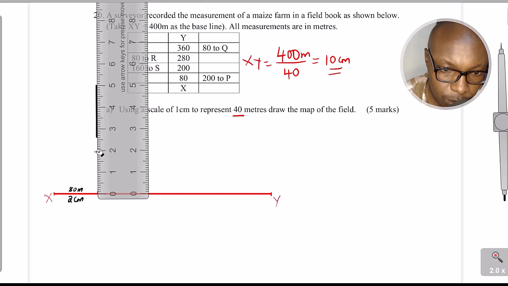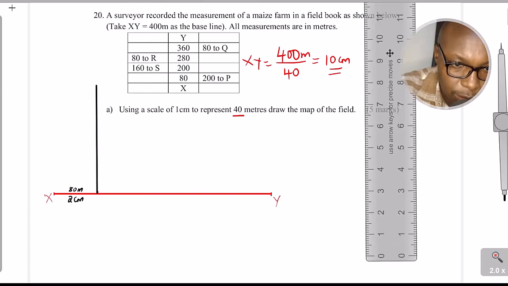So that is 5 centimeters, which is equivalent to 200 meters, the top of that line. So let me indicate it there. This point is P.